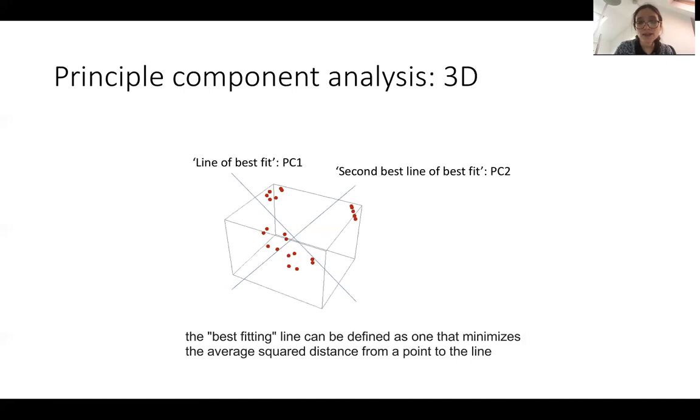And remember that the best fitting line is defined as the one that minimizes the average squared distance from the points to the line, which is a slightly different definition as the one we used in the previous section. And also remember that all of the principal components are at right angles to each other. This is called being orthogonal.